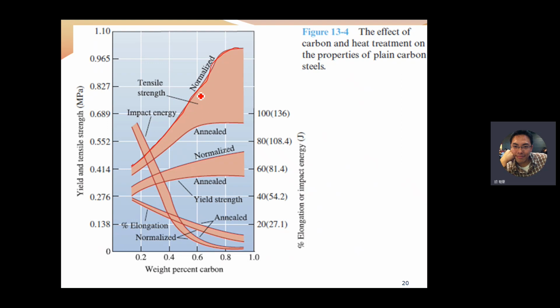This is normalizing, this is annealing, and this is annealing, and this is normalizing. So what does this figure tell us?